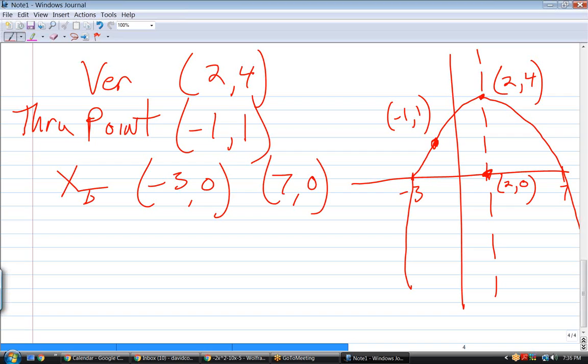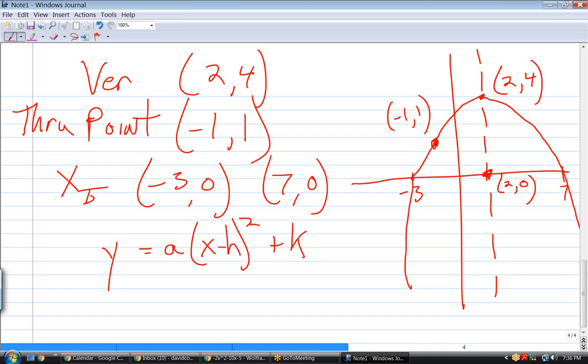Okay? So, let's see if we can figure out what it is. First of all, the standard format is y equals some a times x minus h squared plus k. That is the standard format of a vertical parabola where h and k are the vertex.